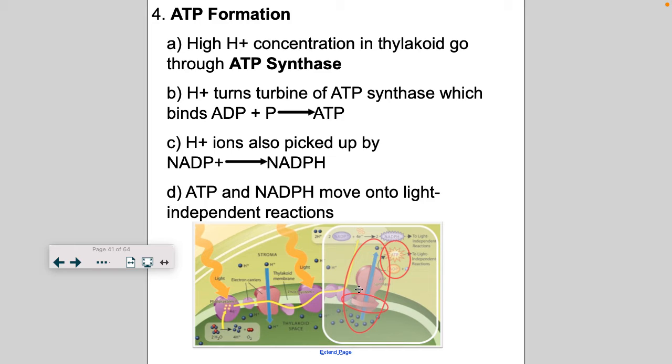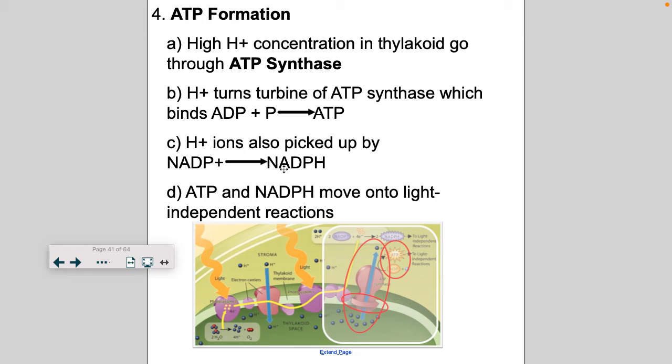I'm so sorry. Okay, so the cool thing about ATP synthase is that it actually looks like a water turbine. It's got these rotors down here, and hydrogen flows through it and spins it. And as it spins, it takes ADP plus P, adenosine diphosphate plus P, and turns it into adenosine triphosphate, ATP. How cool is that? As those hydrogen ions flow through, they also get picked up by an electron carrier, NADP+.